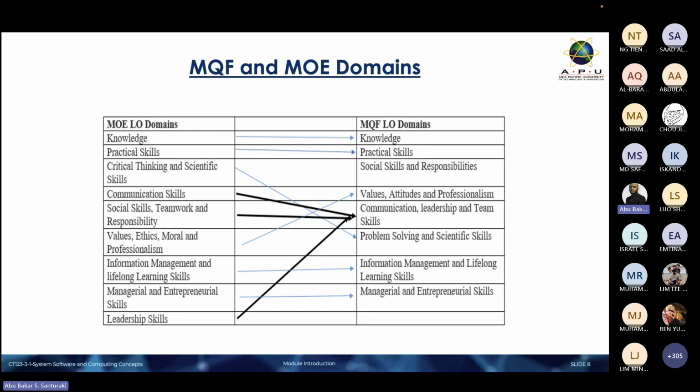This is what we call Malaysia's Ministry of Education. MOE stands for Ministry of Education. The Ministry of Education has dictated to all universities the skill set that all IT degree holders should have. These are the skill sets that they say everybody should have.